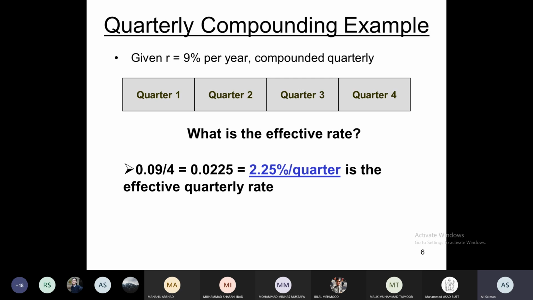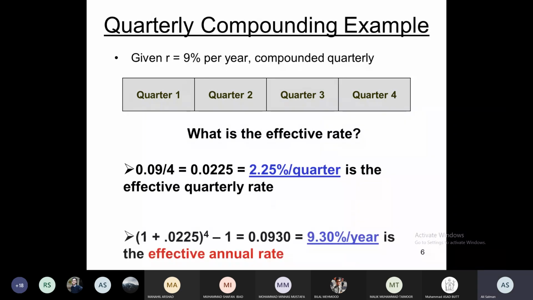That is the effective quarterly rate, and from this we can calculate the effective annual interest rate, that is 9.30% per year.